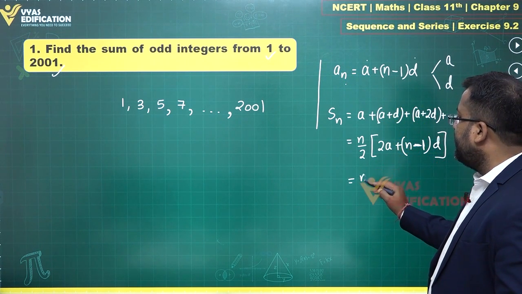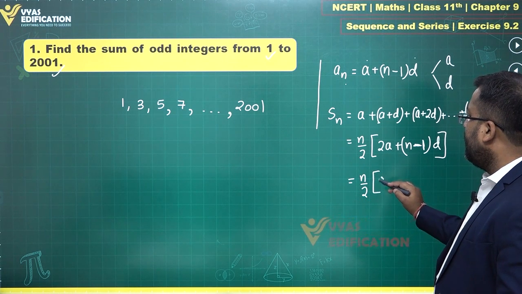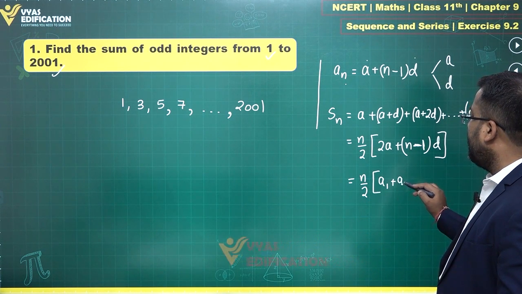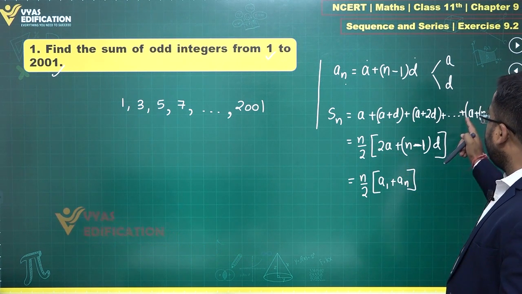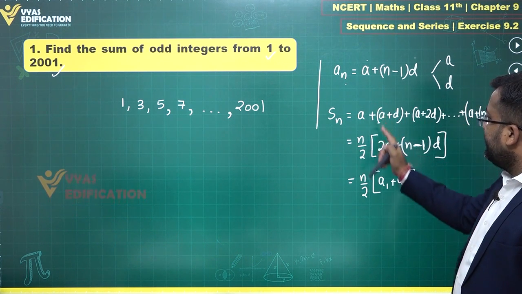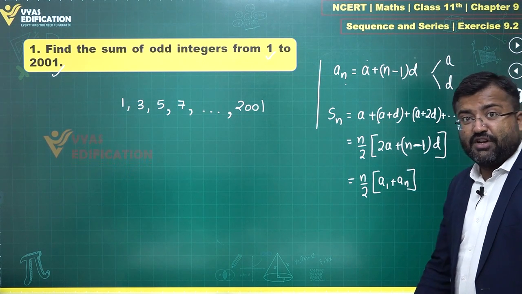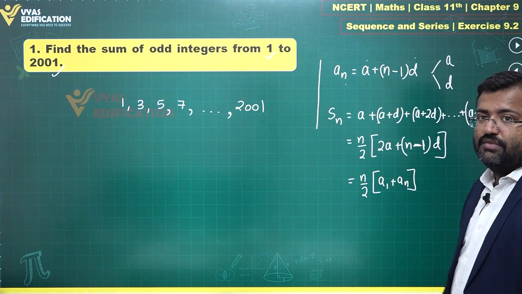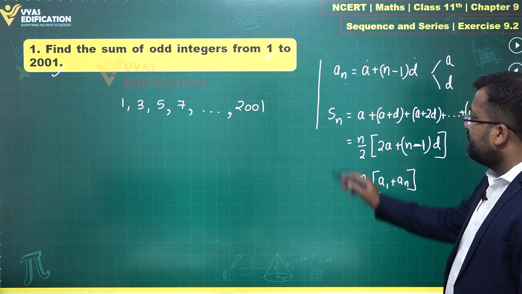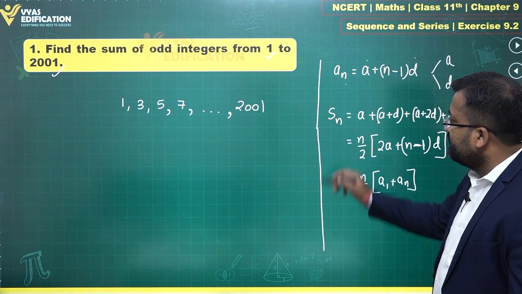This can also be written as n by 2 times (a1 plus a_n). What is a1? a1 is a. And what is a_n? a plus (n minus 1) d. Adding these two gives you this expression over here. So this can also be written as n by 2 times first term plus last term. That's another version of writing this formula.